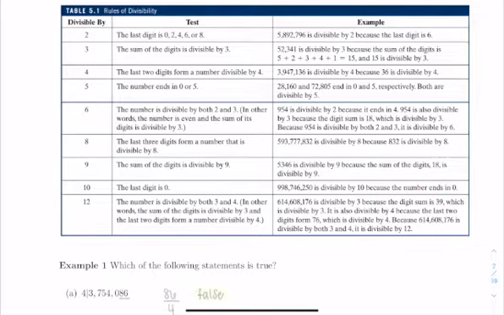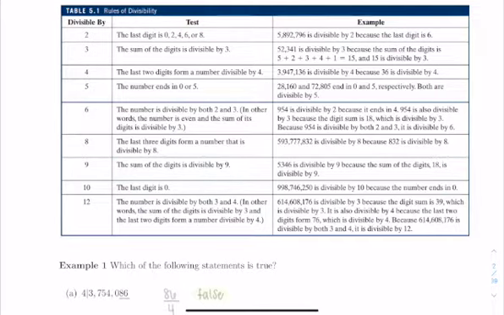To be divisible by 10, the last digit must be 0. And to be divisible by 12, the number is divisible by both 3 and 4. In other words, the sum of the digits is divisible by 3, and the last two digits form a number divisible by 4. You do not need to memorize this entire table because you have a calculator that can do the work for you.